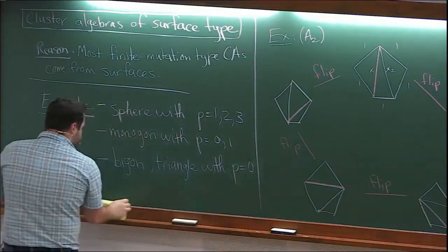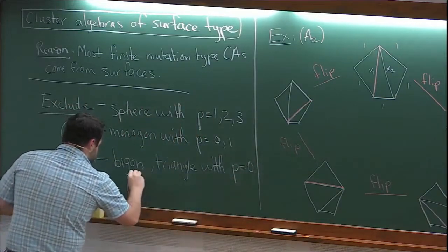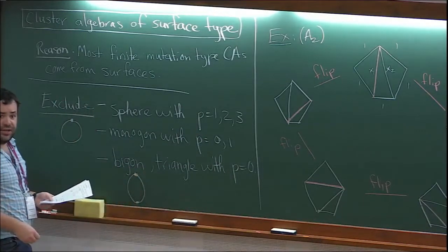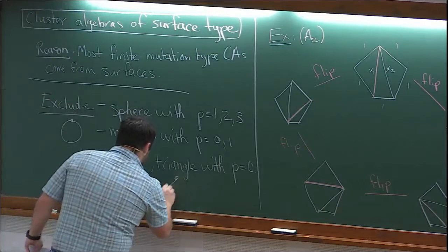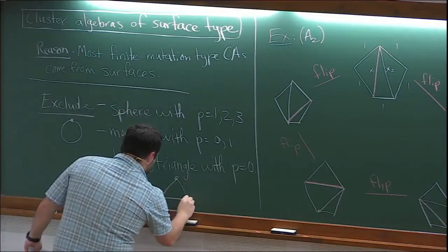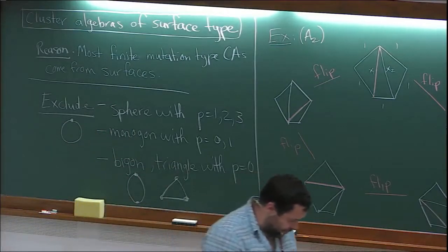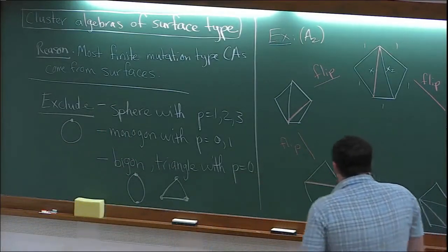A bigon with no punctures would be this, a 2-sided thing with no punctures inside. And a triangle is a 3-sided thing with no punctures inside. So I want to exclude these. Now I'll tell you what I mean by arc.